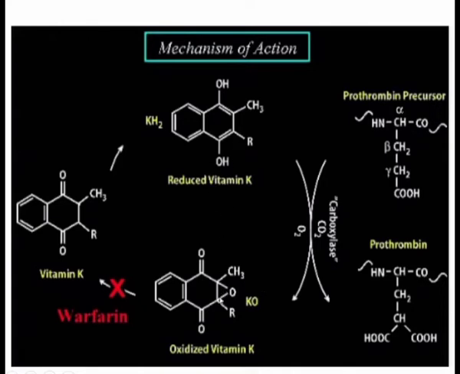In the epoxide form, the epoxide ring moiety is over here, whereas here, if you carefully notice, you have a gamma carboxylic acid. So you see one extra COOH group added over here. This is what we mean by gamma carboxylation reactions.